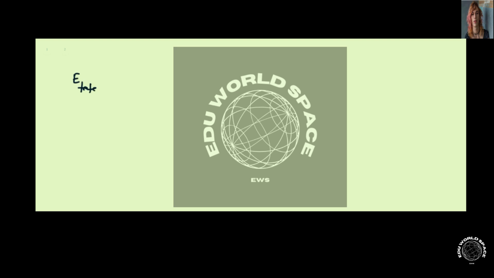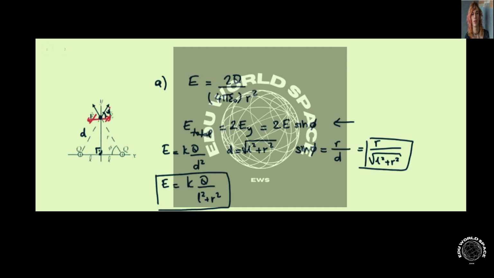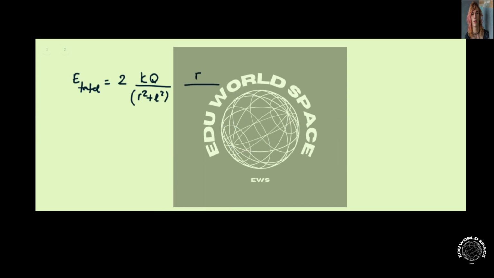E total would be twice the electric field, which is kq over R squared plus L squared, times sine phi, which was R over R squared plus L squared to the 1/2, the square root of that.